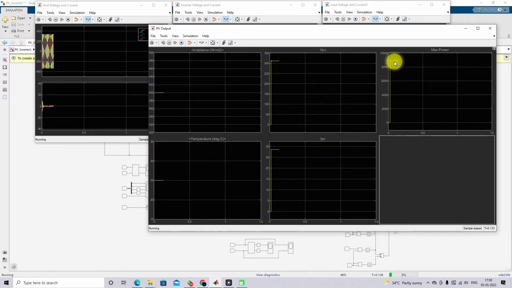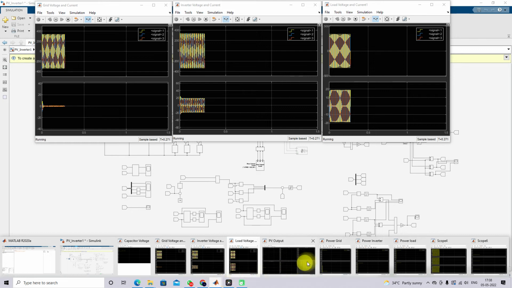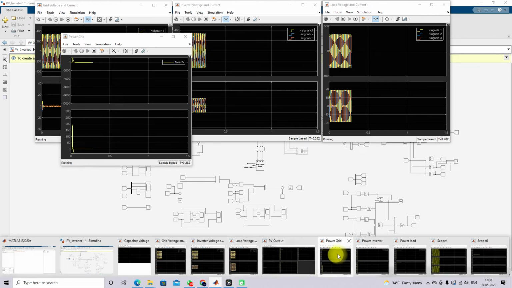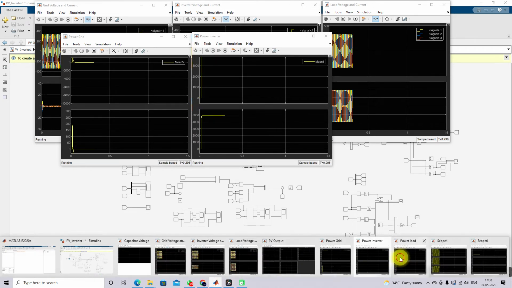We are generating around 9000 watts maximum power from the PV, with operating voltage around 330 volts and current around 27 amps. So next I'm going to open the power of the inverter, grid and load.